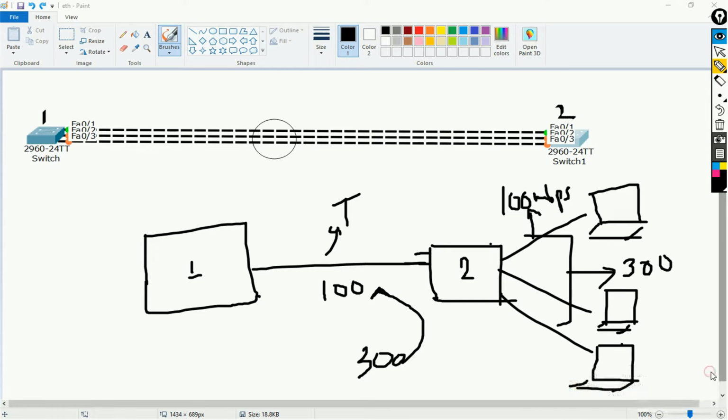Also the data which it will receive from this switch will also be at 100 Mbps, so it will also be at a slower rate, because the link speed is 100 Mbps, and the rate at which the data is coming to the switch is more than that.